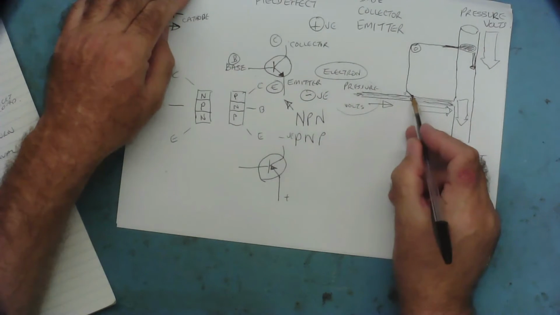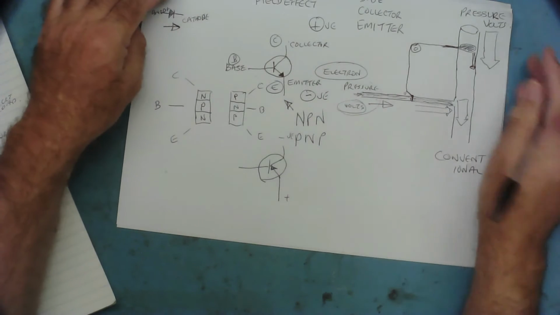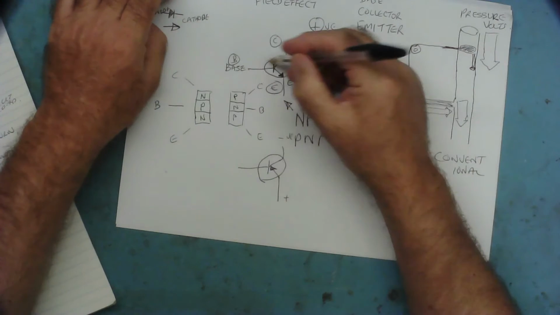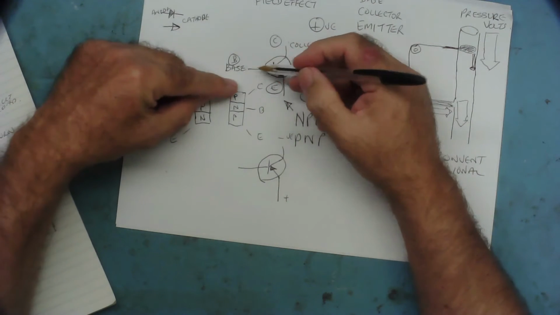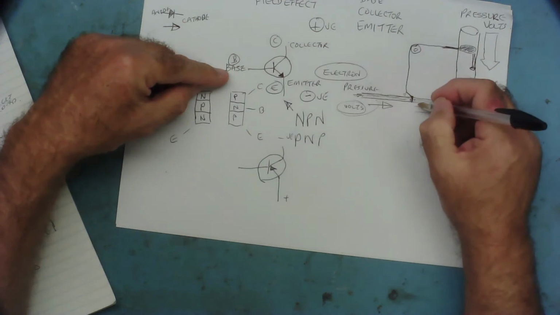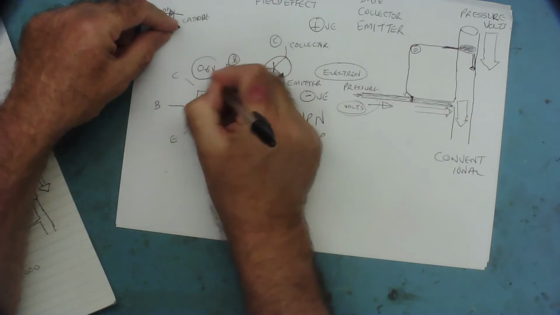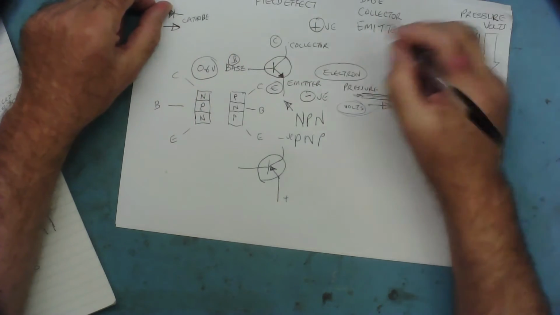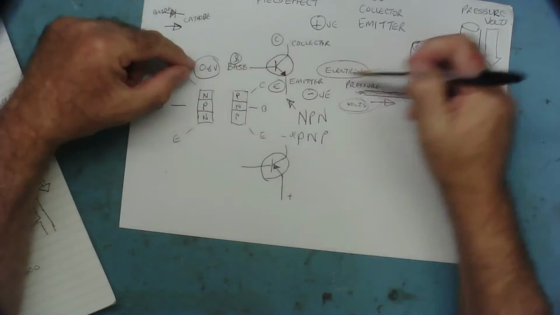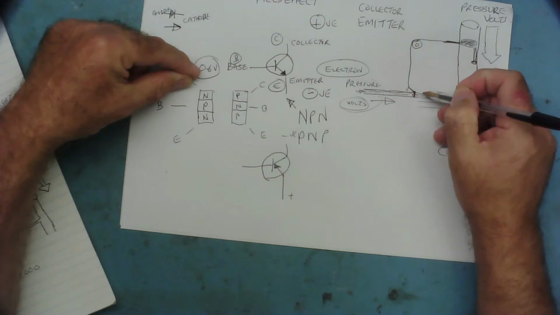I mentioned before, remember the water pipe? You need a certain amount of pressure to open this flap, to start opening. And the pressure is the voltage. On the transistor, the voltage between the base and the emitter that's required to start opening this is around 0.6 volts. Once it starts to open, it doesn't take much more voltage to open fully.